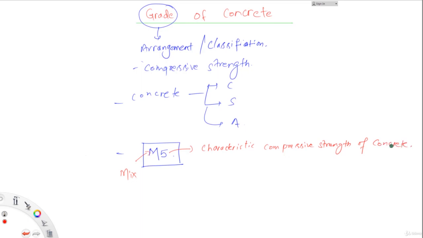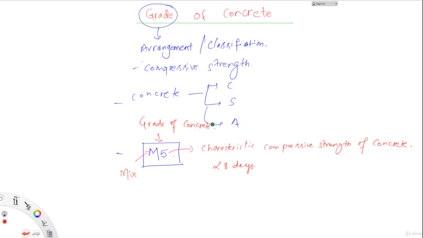And we know that this characteristic compressive strength we measure in 28 days, because we assume that in 28 days the concrete gets 99% of its strength. So whatever strength we get within 28 days, we assume that is the strength of the concrete. And this whole M5 is the grade of a concrete. We say that this is an M5 grade of concrete.